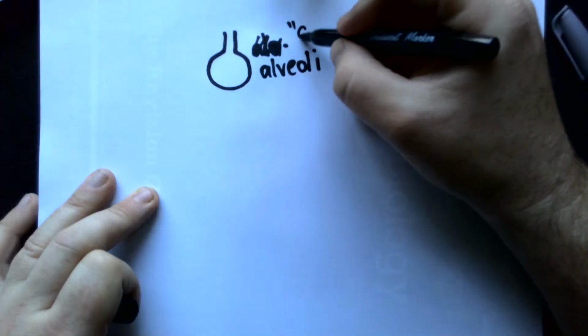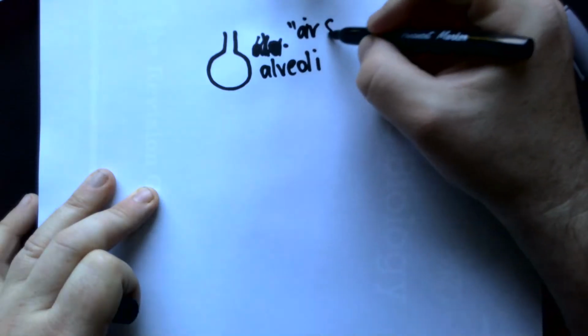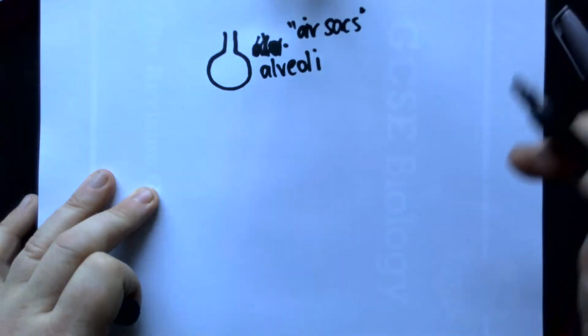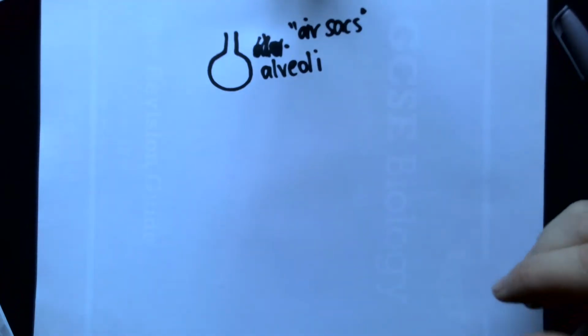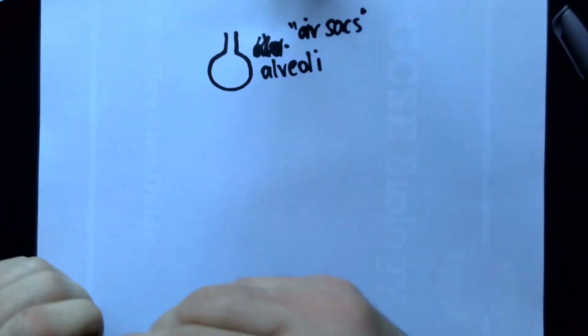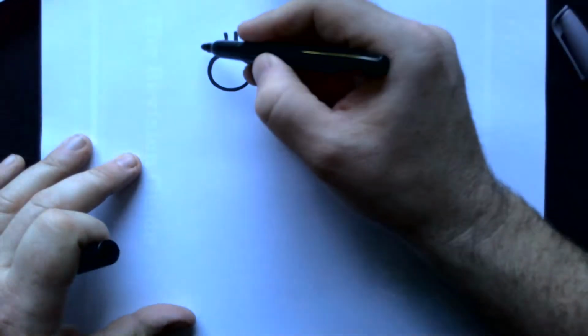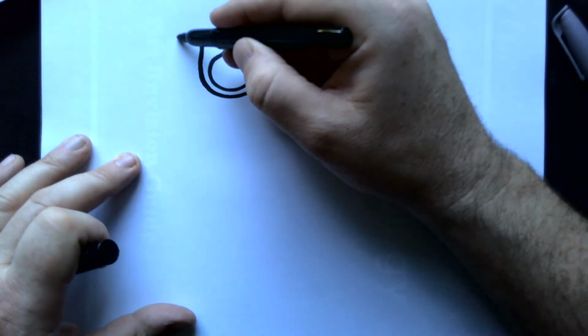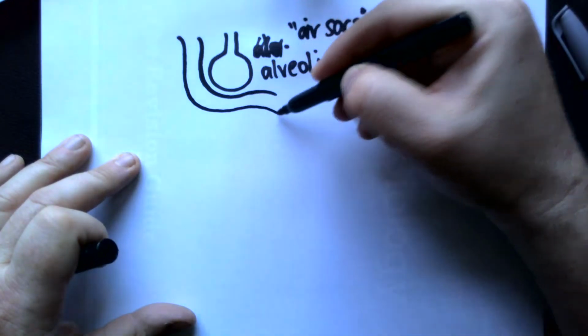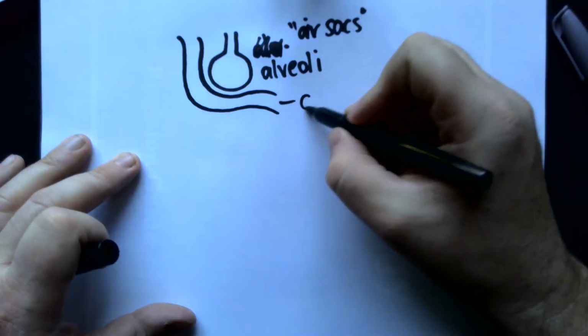You might hear them called air sacs. And in the lungs, you have millions of these. You breathe in air. Air is around 20% oxygen, 80% nitrogen, some bits and pieces of other things. And around these alveoli, these air sacs, you have these blood vessels, which are very thin. And these are called capillaries.